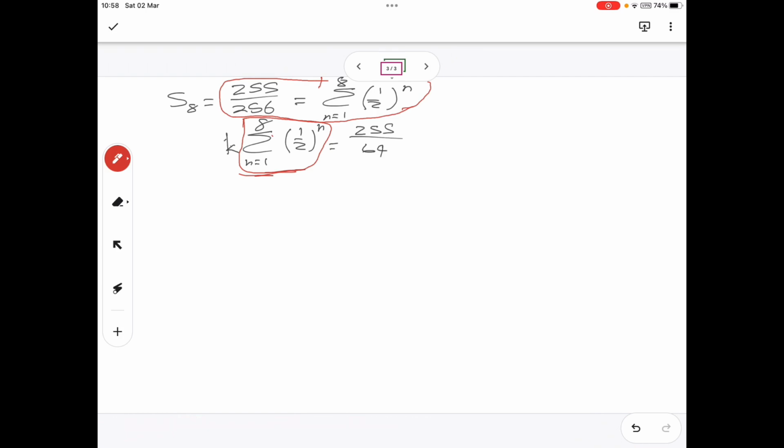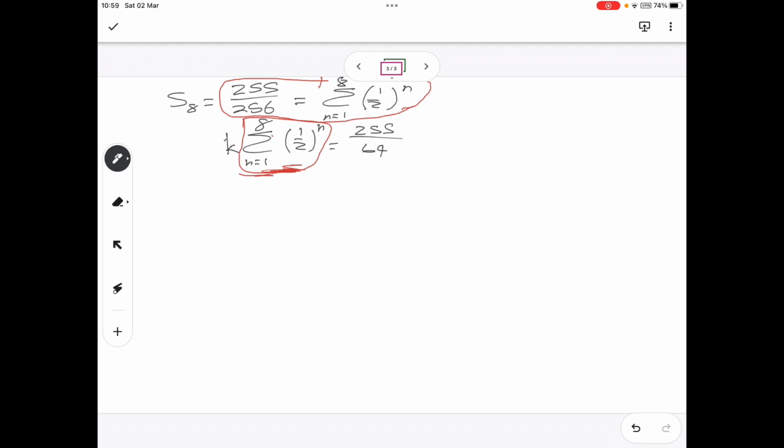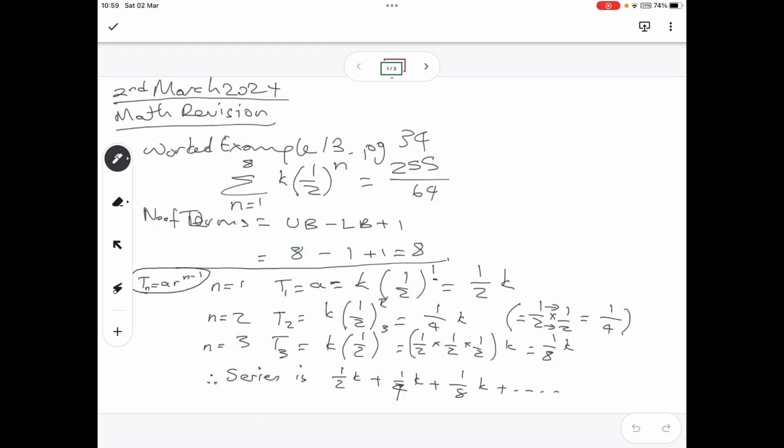So this here is 255 over 256. This here is 255 over 256. So now we know that if we multiply k by 255 over 256, we get 255 over 64, which was the original problem. So we can then say that k times 255 over 256 equals 255 over 64.